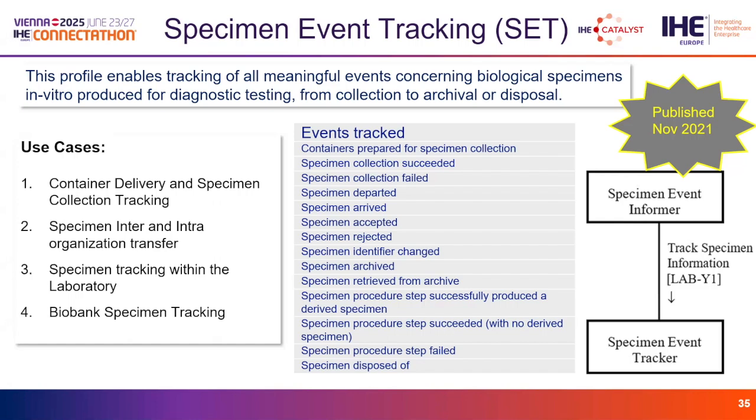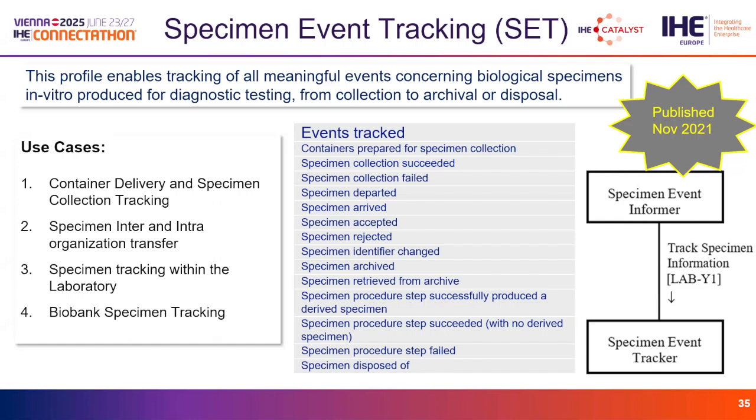The two actors are very simple. We have a specimen event informer and a specimen event tracker. The informer is usually linked with all the other common actors of the PaLM domain that deal with the transactions and with something related to the specimen. So it is able to collect the specimen tracking information and send it to an event tracker, which has the responsibility to save and store it.